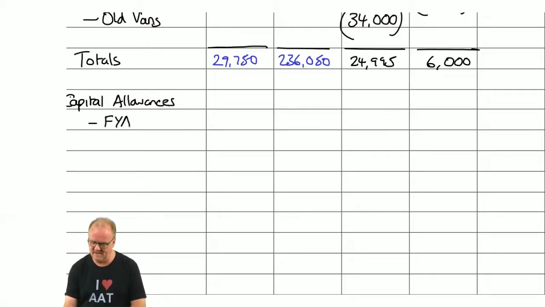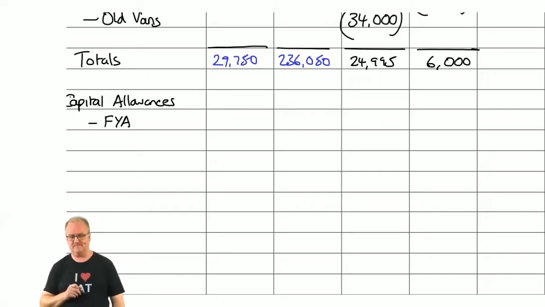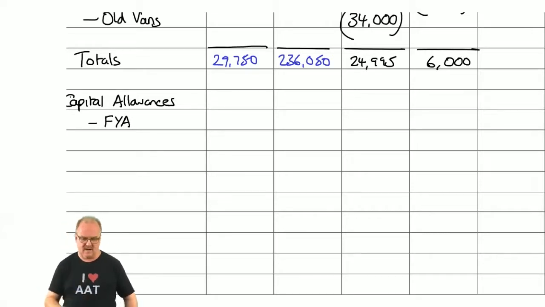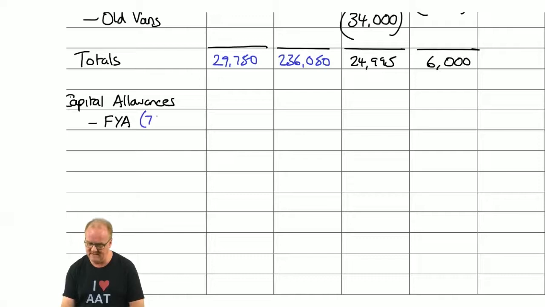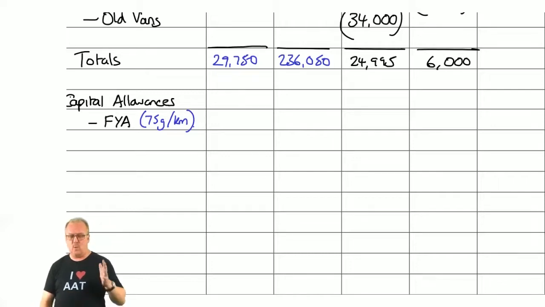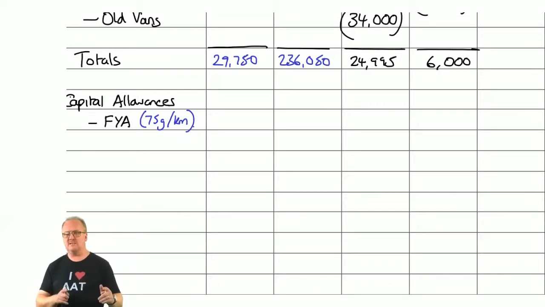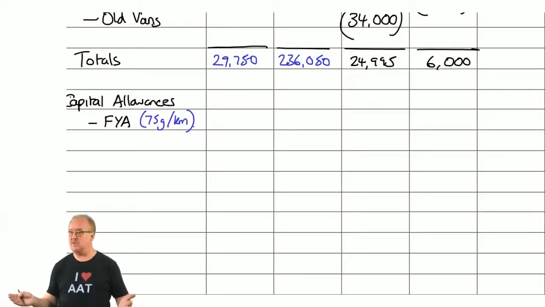There is a first year allowance on the car. And because that car was 75 grams per kilometre, which is a low emission car, that is going to get a 100% allowance in the first year. Now the grams per kilometre rules are all in the reference material, so you could go and look it up if you can't remember the significance of 75 grams.